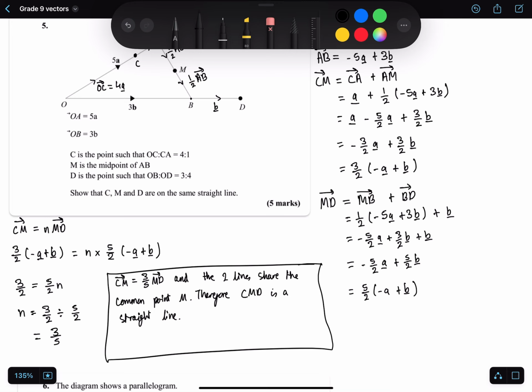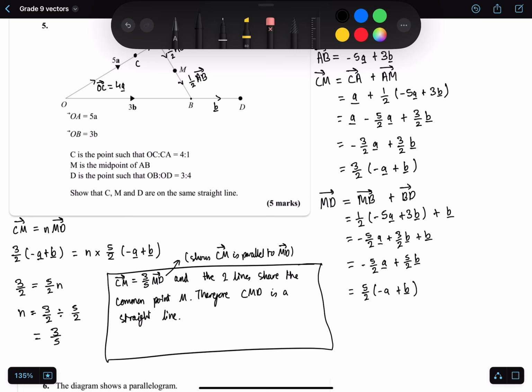And in fact, what I would do is I would also add from this bit shows CM is parallel to MD, because by doing that calculation we have proven that CM is parallel to MD, and because they have that common point M, that means that C to M to D is a straight line.